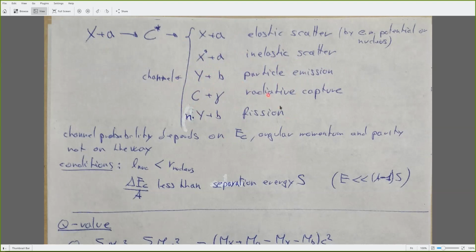Fusion in this case is relatively capture, simply because if you have the fusion, we're releasing not the binding energy, but the difference, the Q value, that is the energy to bind the new particle inside.